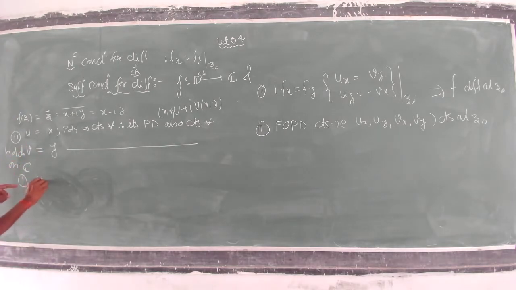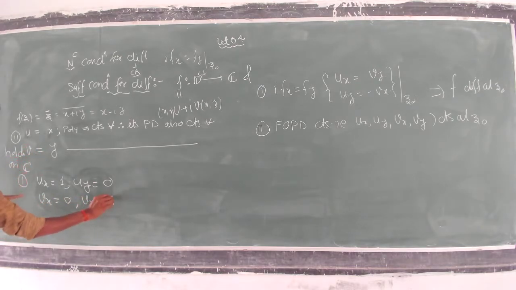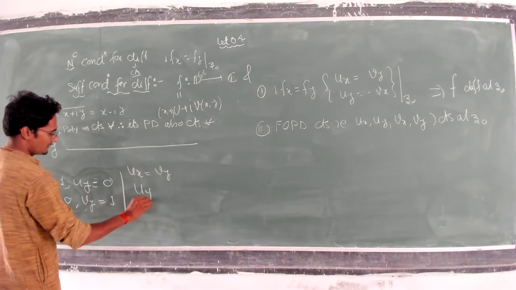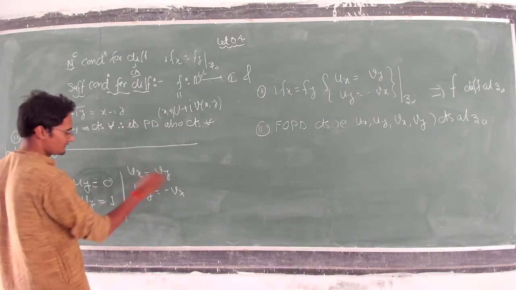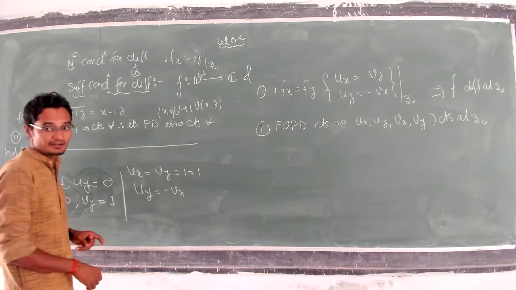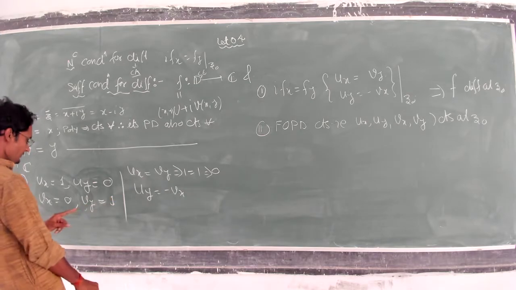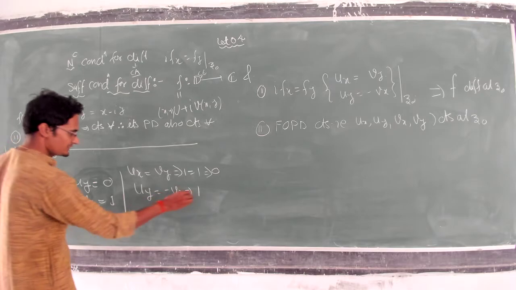So tell me, ux will be 1, uy will be 0, vx is 0, vy is 1. Now check the condition. ux is equal to vy, that is 1 is equal to 1, satisfied. And uy is equal to minus vx, which is 0 compared with 1 minus 1.